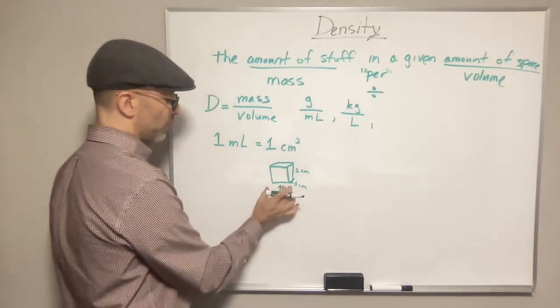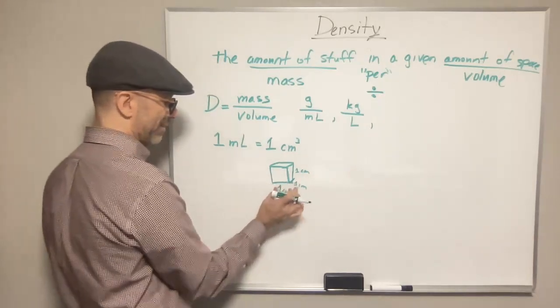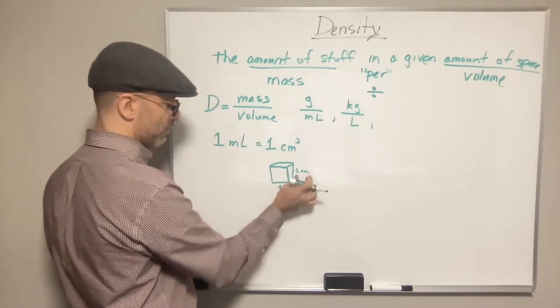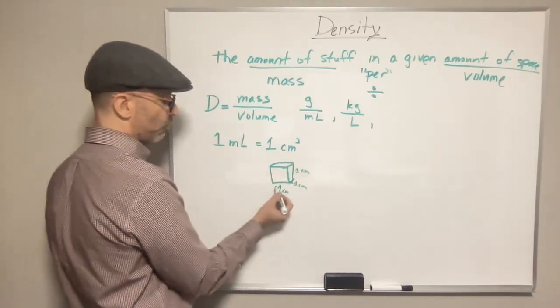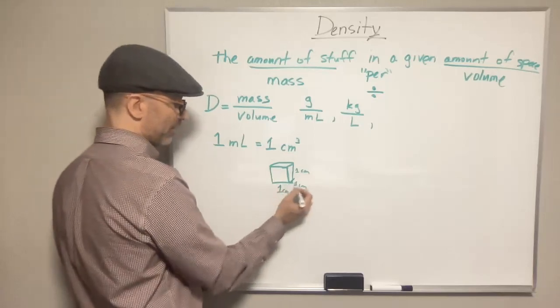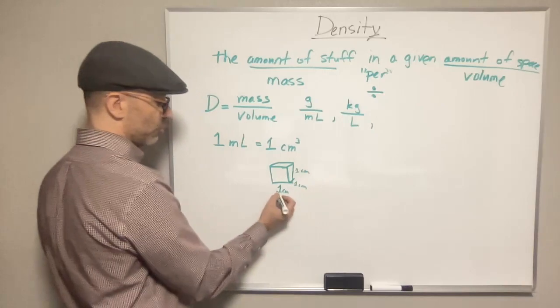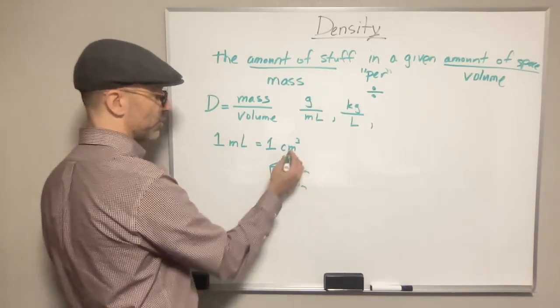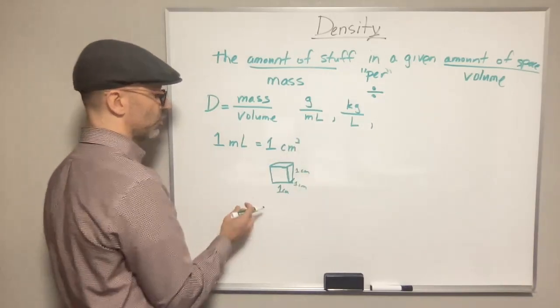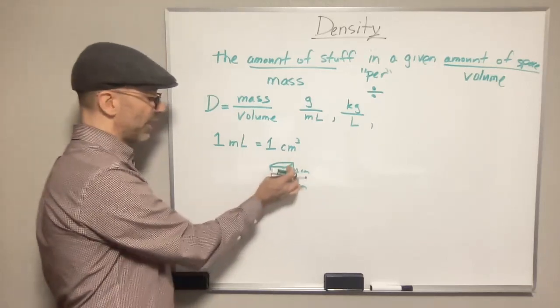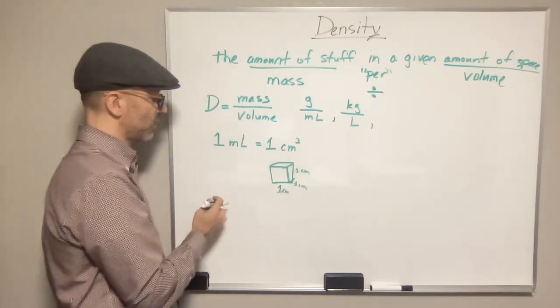So here we have a centimeter in width, we have a centimeter in depth here, we have a centimeter in height. So if you multiply the width times the height times the depth, you'll get a centimeter cubed. Centimeters times centimeters times centimeters gives you 1 centimeter cubed. So that would be the volume of a cube that has sides that are 1 centimeter.